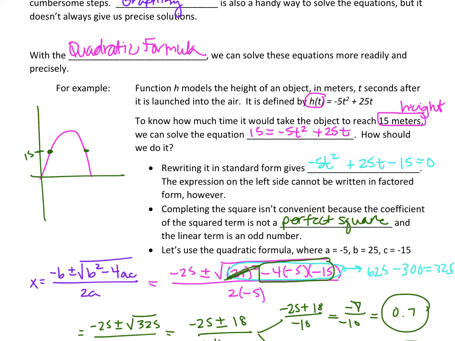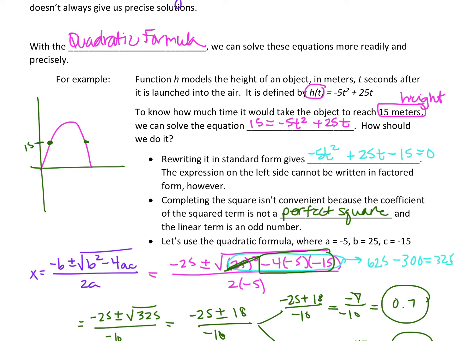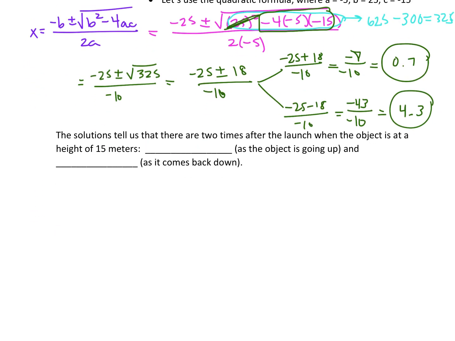So that's why we get these two positive answers, because in this case, after so many seconds, it hits the first 15 meters on the way up, and after so many seconds, it hits 15 meters on the way down. So the solution tells us that there are 2 times after the launch when the object is at a height of 15 meters.